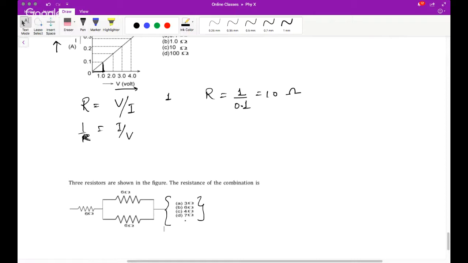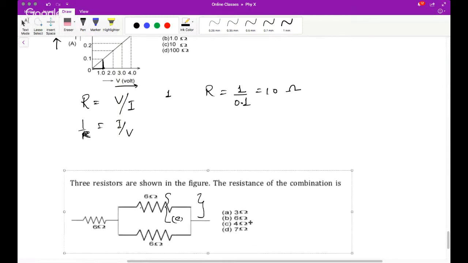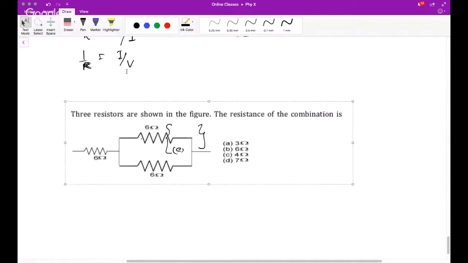Yes, correct. But where is the option? There should be another E here. Can't see the values. It's 6 ohms all. All the 3 resistances are 6 ohm. Good.